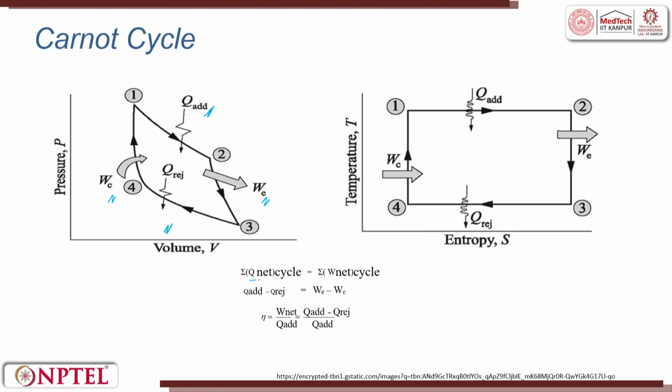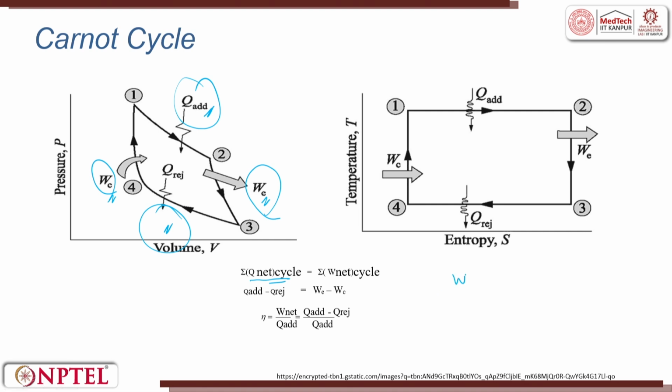So, the net Q cycle is equal to net W cycle. Q add minus Q reject is equal to work of expansion minus work of compression. If you want to calculate the efficiency, it is going to be work net. What is work net?